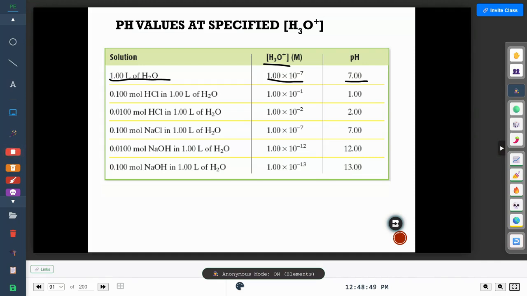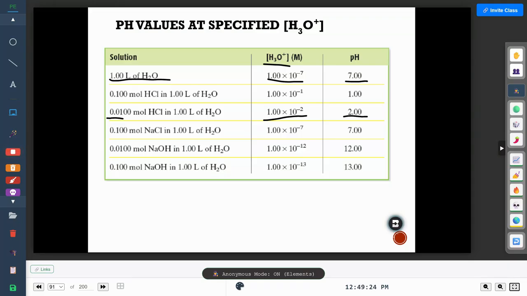And then if we change it just a little bit, maybe by adding a small amount, depending upon the concentration of your acid, you might be adding a very small amount of hydrochloric acid to your solution, and suddenly your pH goes all the way down to 2. You're at 1 times 10 to the negative 2nd moles of these HCl molecules that are now ionizing in your water.